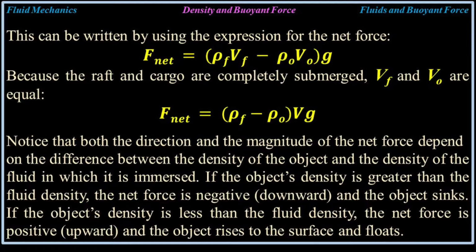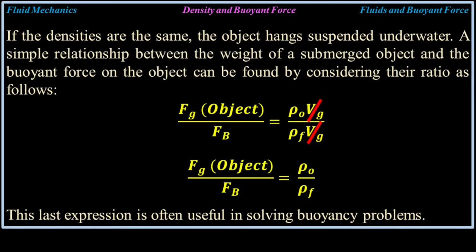If the object's density is greater than the fluid's density, the net force is negative, downward, and the object sinks. If the object's density is less than the fluid density, the net force is positive, upward, and the object rises to the surface and floats. If the densities are the same, the object hangs suspended underwater.